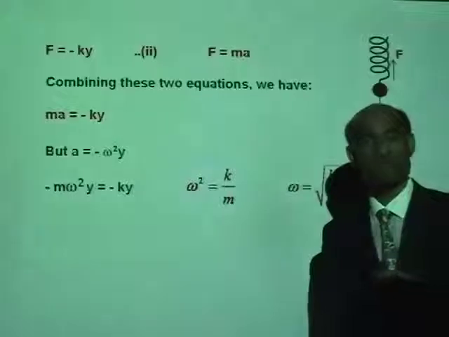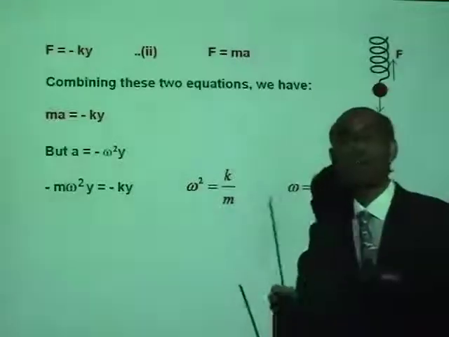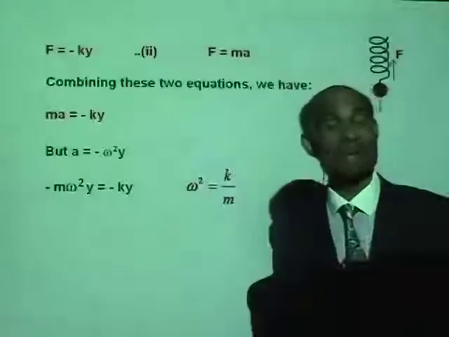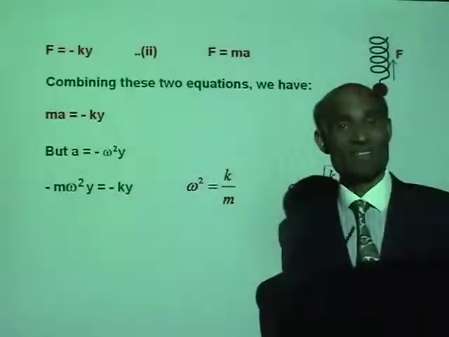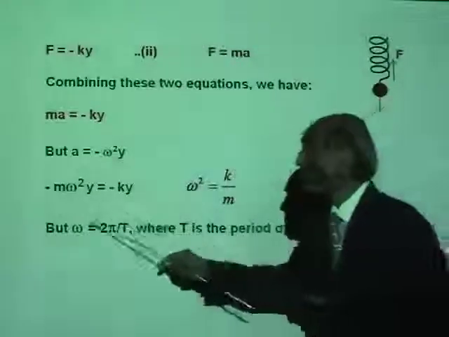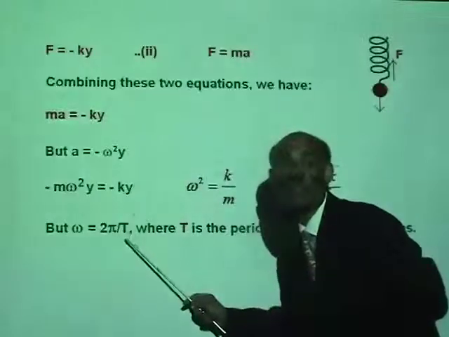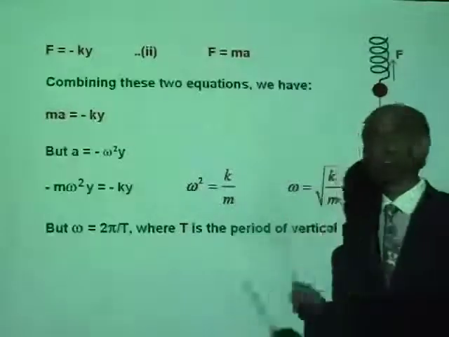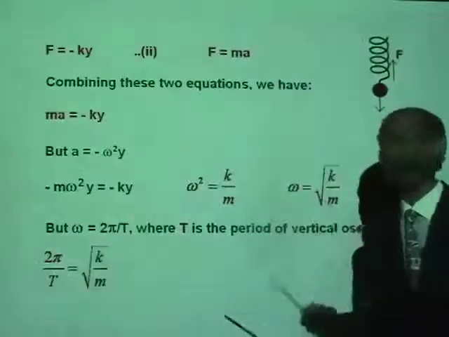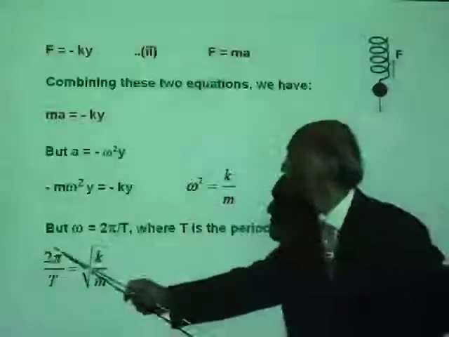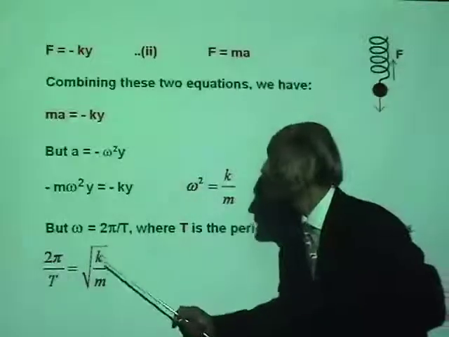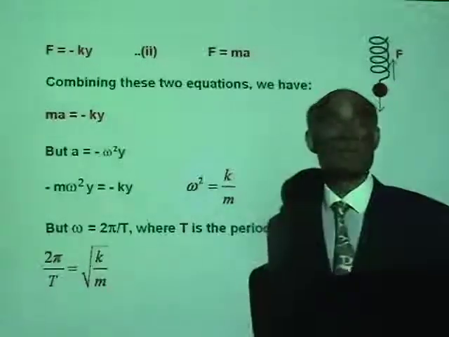Now let me ask you, what is the equation for omega in terms of the period of a simple harmonic motion? I told you that is something you can never forget. Omega equal to 2 pi divided by the period. So let's replace this omega by 2 pi over T. We can now see 2 pi over the period equal to square root of k over m.